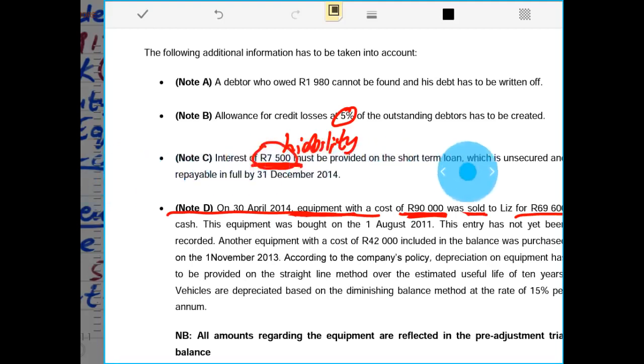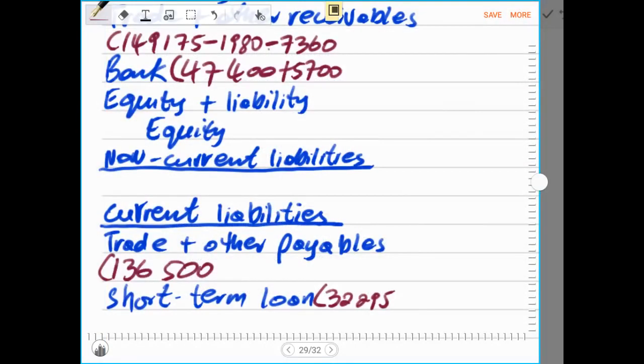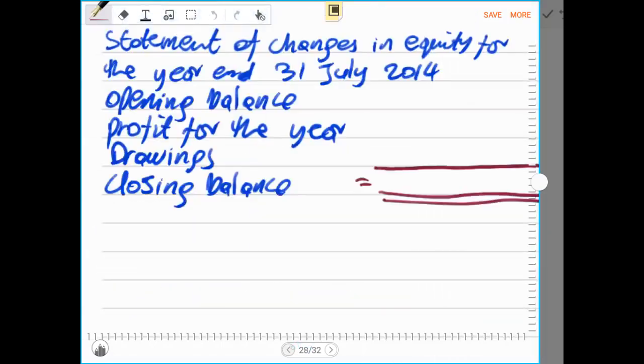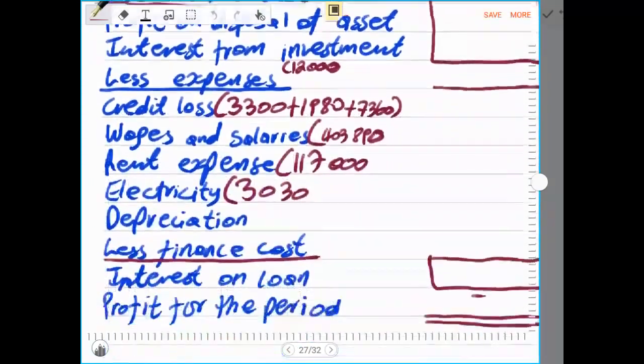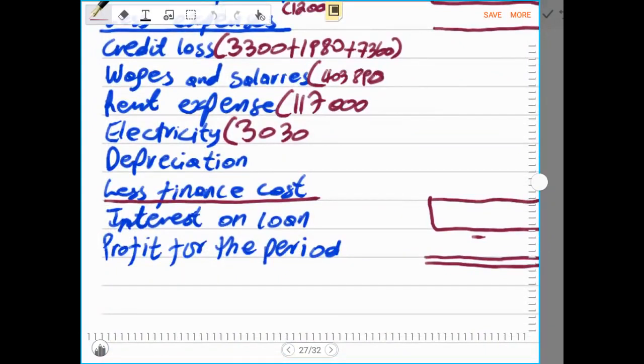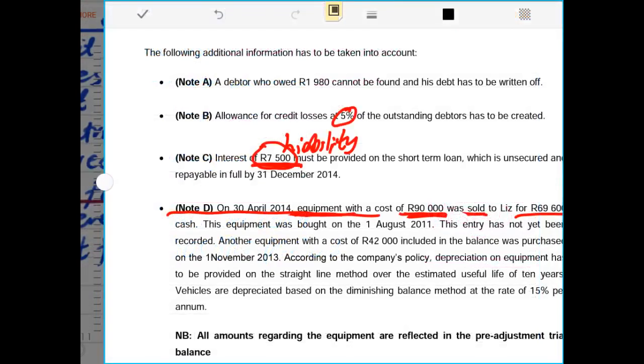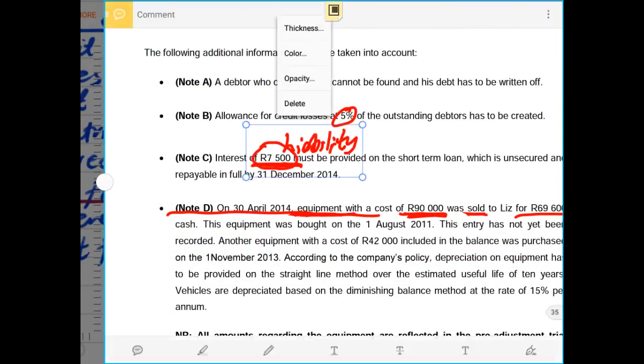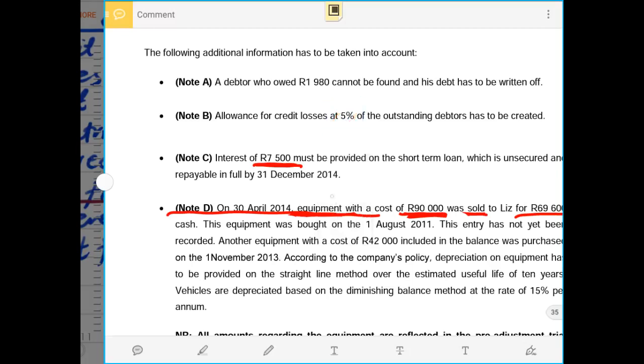So now 7,500 will be recognized under current liabilities as a plus 7,500 because it has not yet been paid. And at the same time, the 7,500 must be recorded in the income statement under the finance cost, which is the interest on the loan, as 7,500, because we are told that 7,500 is the interest to be provided for the year. So once again, we have recorded this on the debit side and on the credit side.